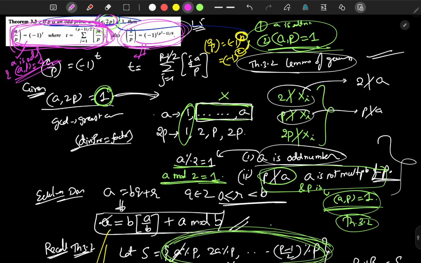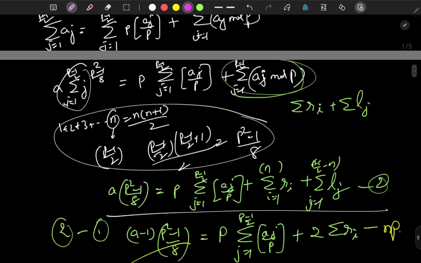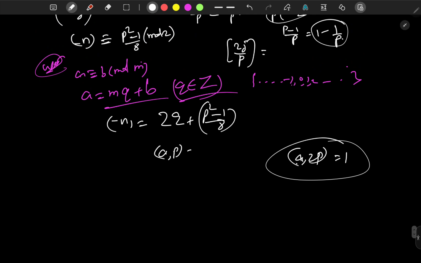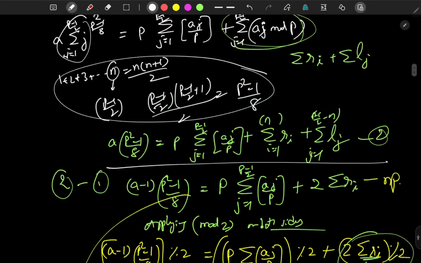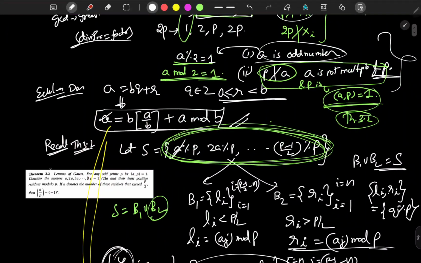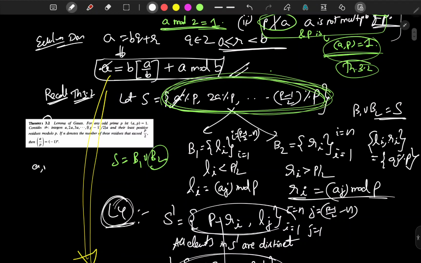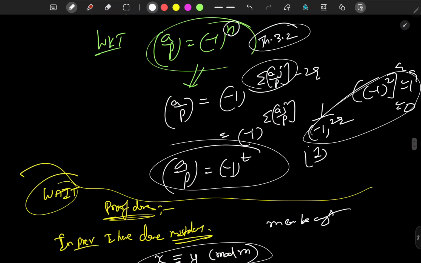For this case we are taking only one condition: gcd(a, p) equals 1. If we know this condition, then we can apply the theorem. What is the theorem number? 3.2, the lemma of Gauss. According to the lemma of Gauss, if gcd(a, p) is 1, then the Legendre symbol (a/p) equals (-1) to the power n. So can I say like this?